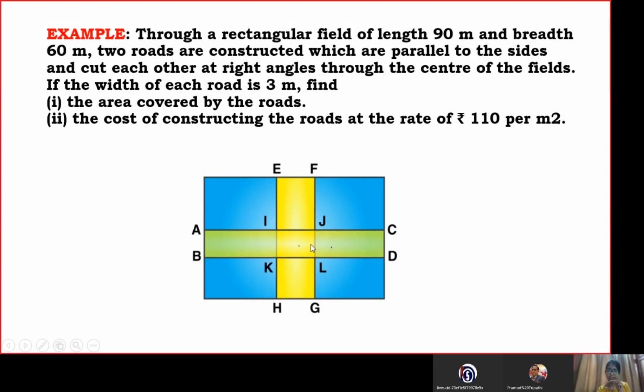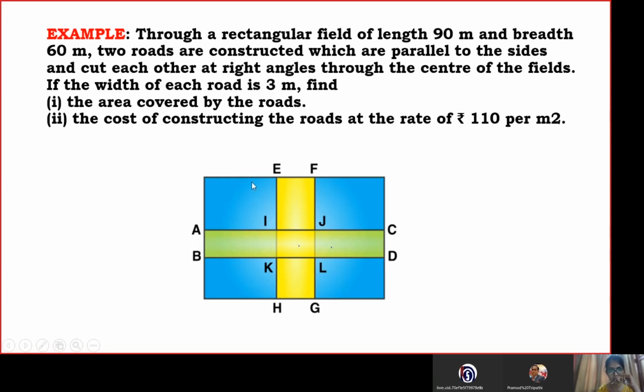Yes. So these questions are also very helpful to calculate such situations. Now, they say, through a rectangular field of length 90 meters and breadth 60 meters, 2 roads are constructed which are parallel to the sides and they cut each other at right angles.